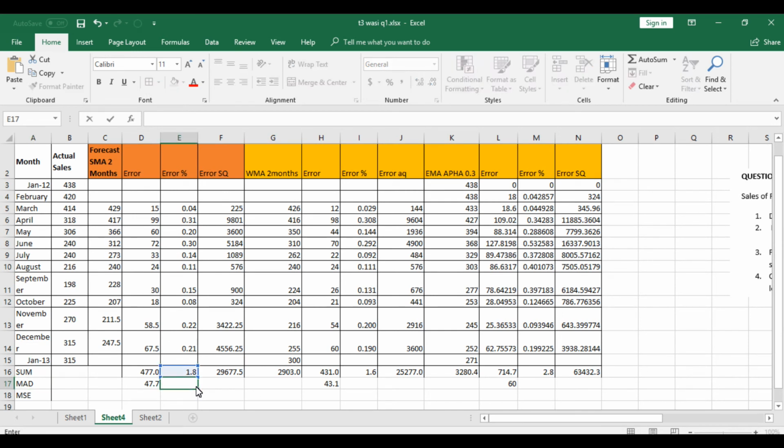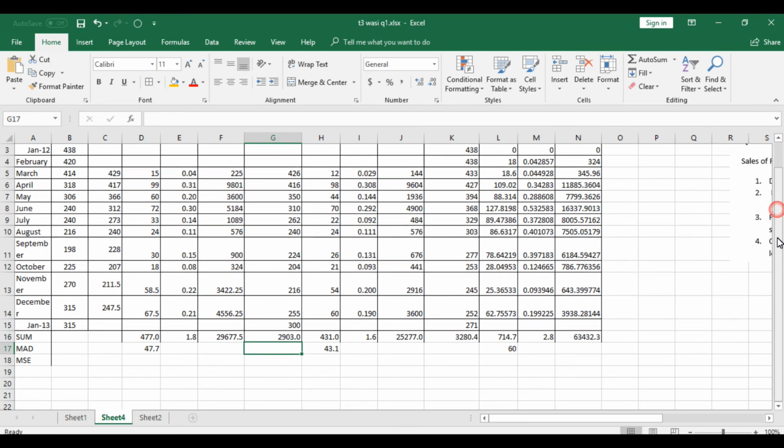No need to confuse yourself because I just put the wrong formula here. Suppose that I am starting from here again. MAD is equal to sum of error divided by n. In this case n is 10. Here again n is 10, but here n is 12 because you can see that it's from January to December, so it's for the whole year.